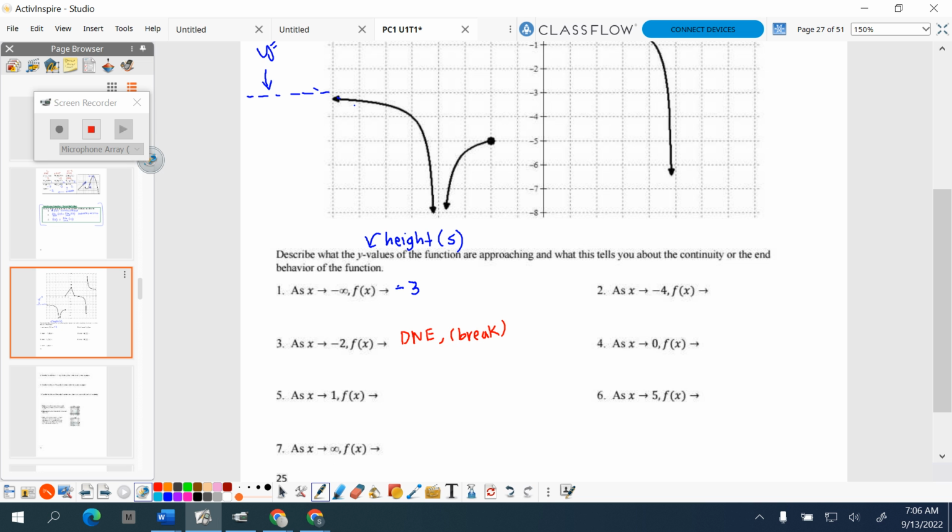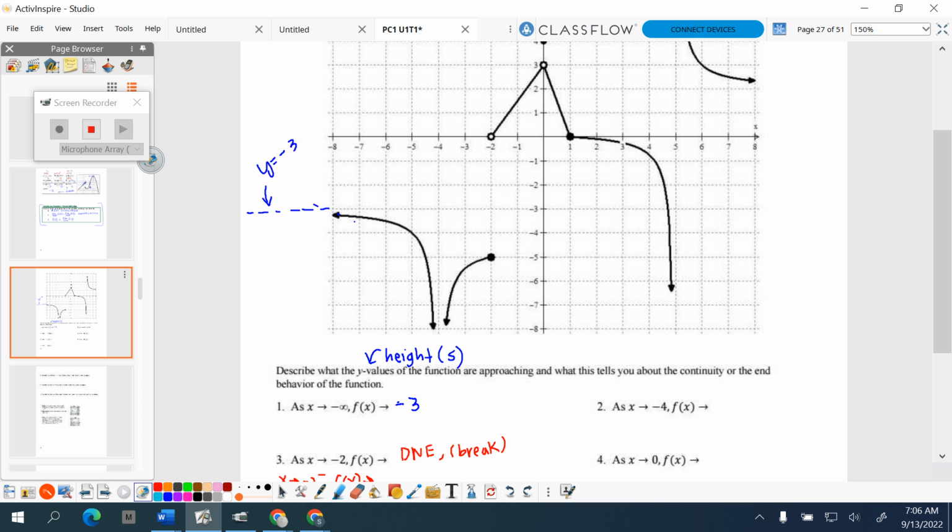However, as x approaches negative 2 from the left, f of x approaches, let's go look. From the left, f of x approaches negative 5. From the right, f of x approaches a height of 0.